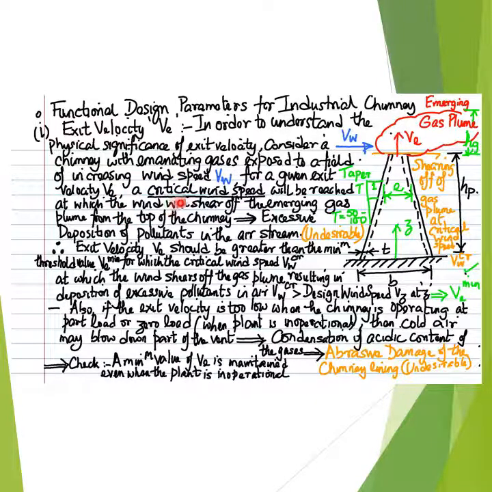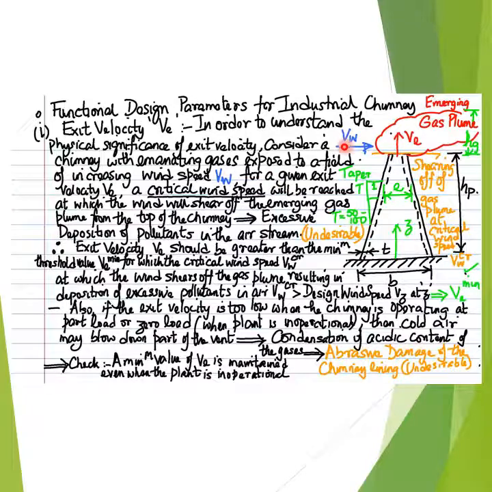A critical wind speed will be reached at which the wind will shear off the emerging gas plume from the top of the chimney. That is, when the emerging gas plume is exposed to a field of increasing wind speed in theory.